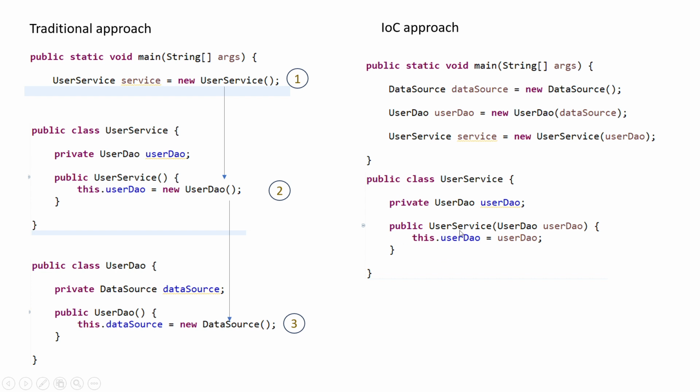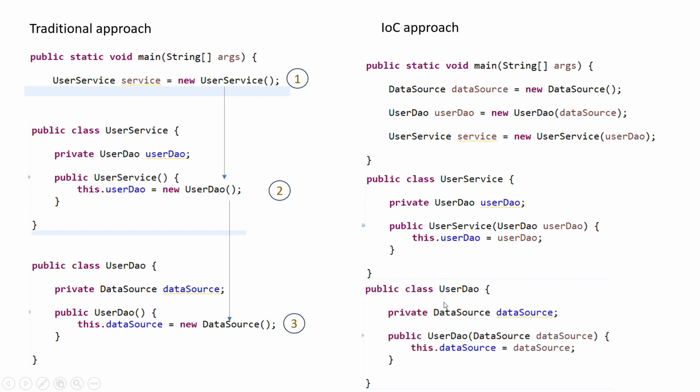This is how we have to write it, we have to change the design pattern here. Similarly, user DAO also depends on the data source object. So in dependency injection it should not create the data source. It has to take the dependency as an argument through the constructor or the setter method, or field injection is also possible.